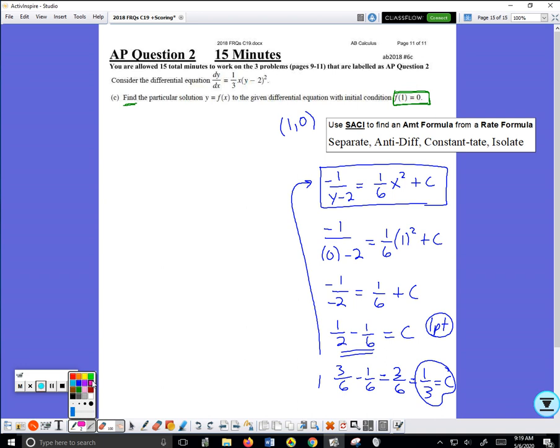Okay, we have negative 1 divided by y minus 2 is equal to 1/6 x squared plus 1/3.